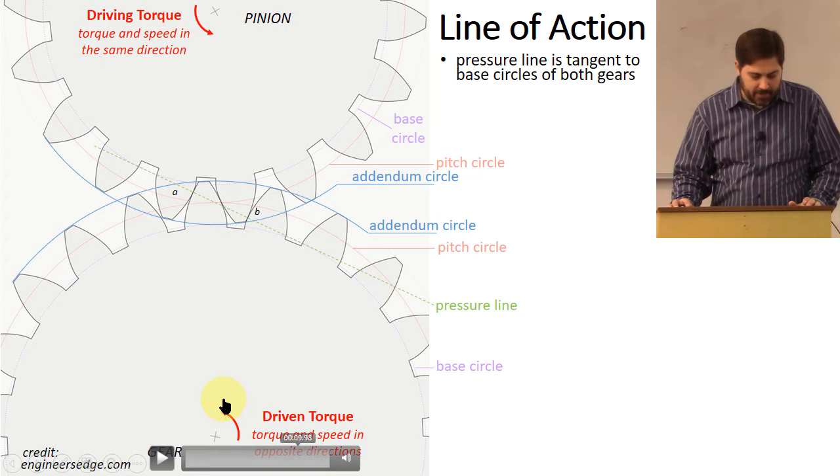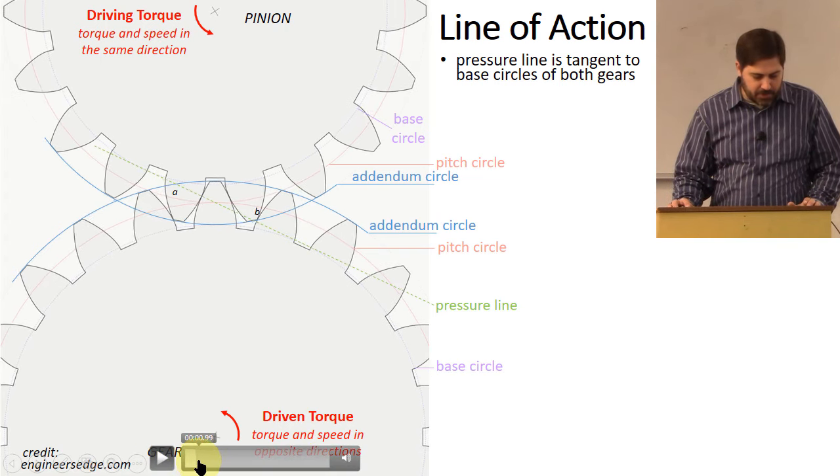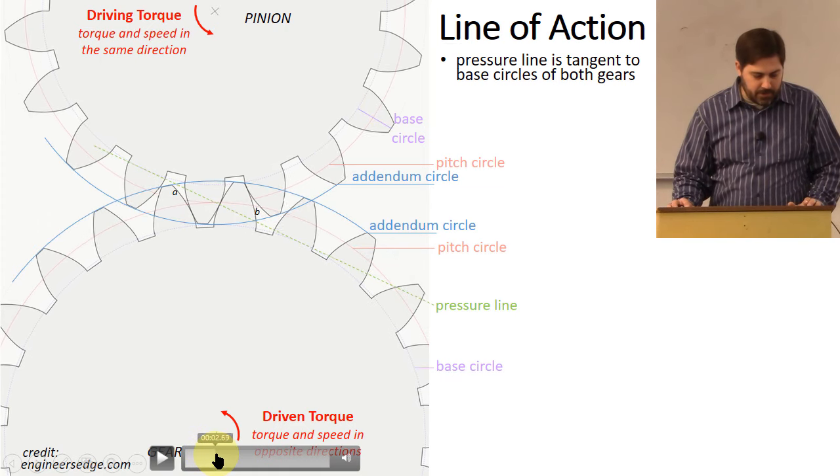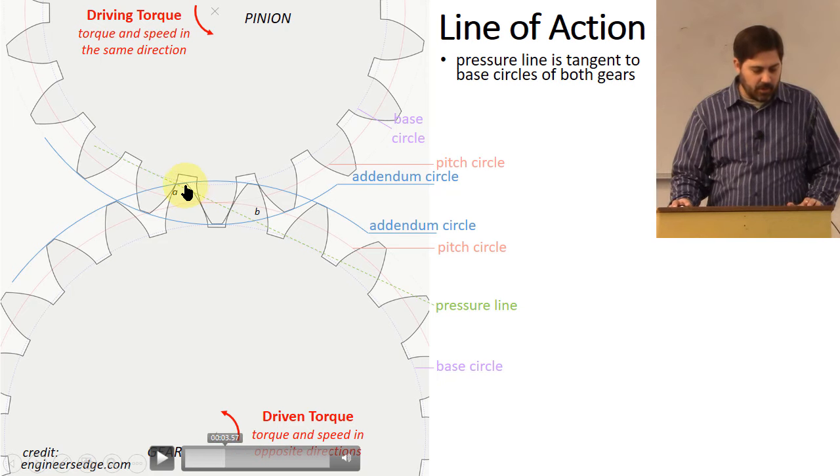So again, let me start this up and we'll start at a point right where these two gear teeth first establish contact. Where does that happen? It's right at the intersection between where this pressure line is, and we said the pressure line has to be tangent to the two base circles.